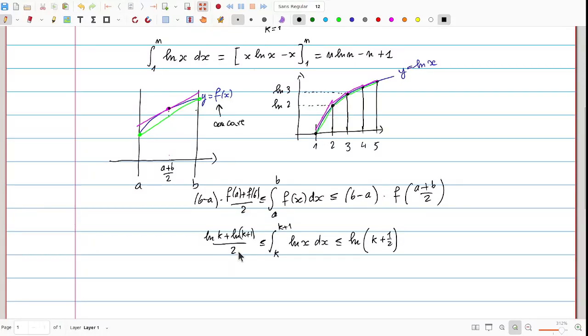Okay, so the estimate on the left is the one we will use, and for the estimate on the right, we only need it to have an estimate on the error.